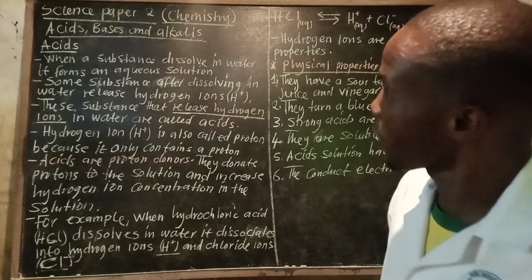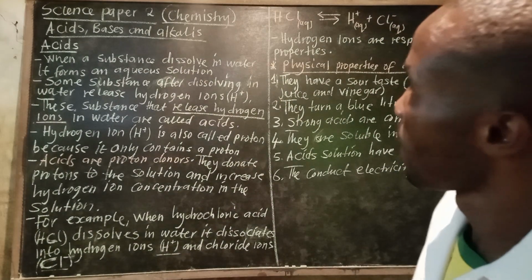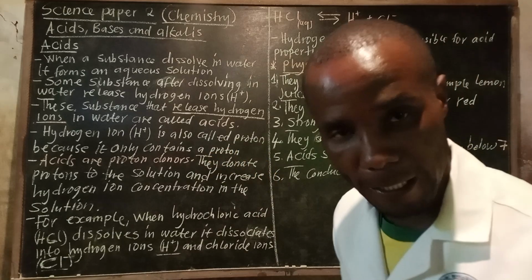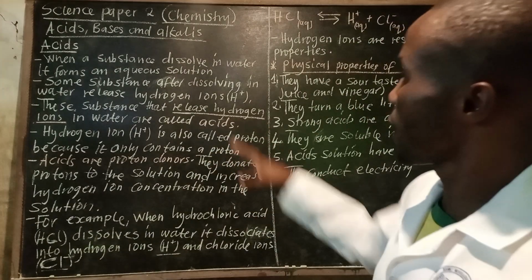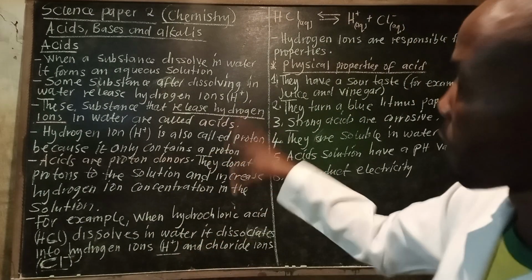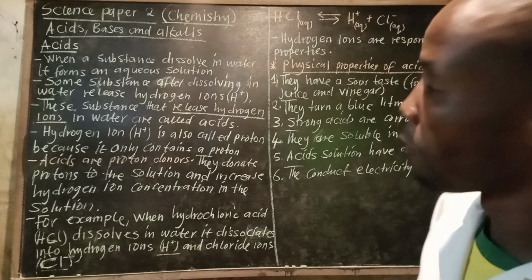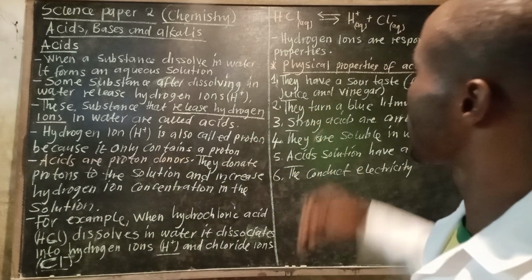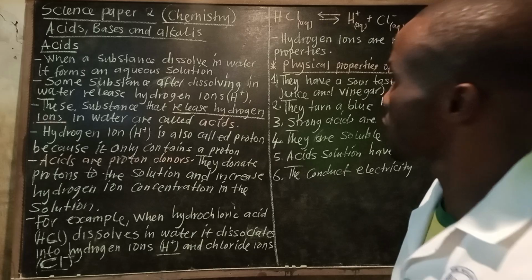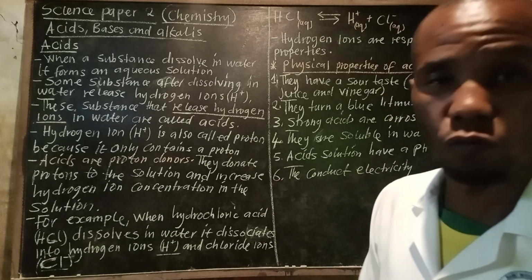To start with, we are looking at acids. Acids, what are they? Here are the few points that I've prepared for you. The first bullet: when a substance dissolves in water, it forms an aqueous solution.